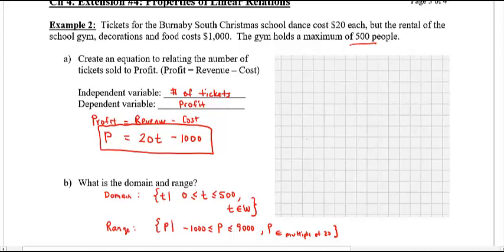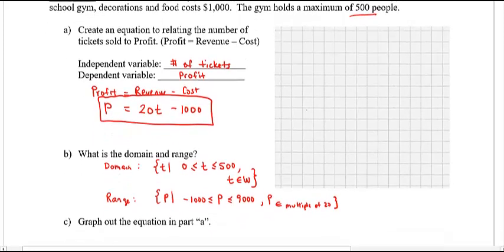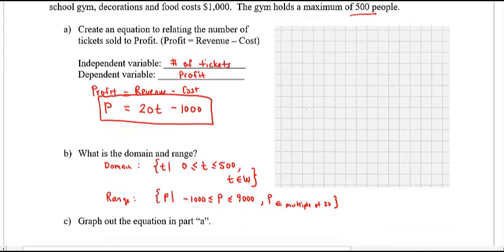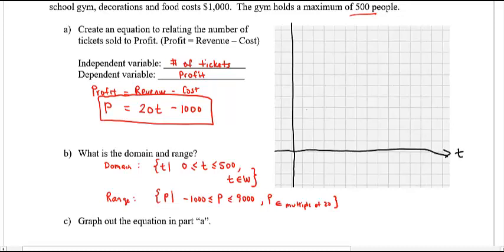Okay. So knowing this, I'm going to ask you to graph out the equation. All right. So let me do my axes. This time I'm not going to put the X way down there. I'm going to move it up just a slight tad, because I see that there's a negative value, right?